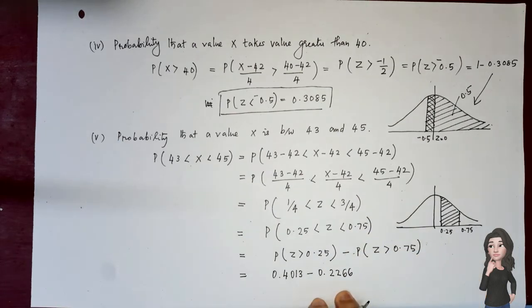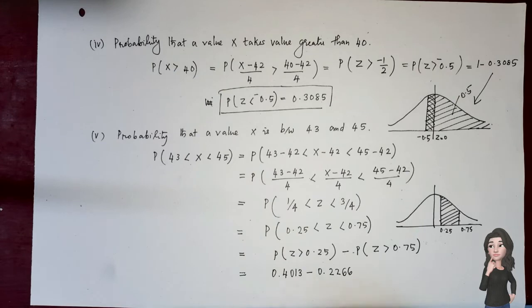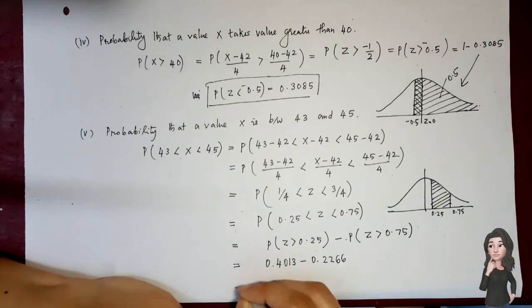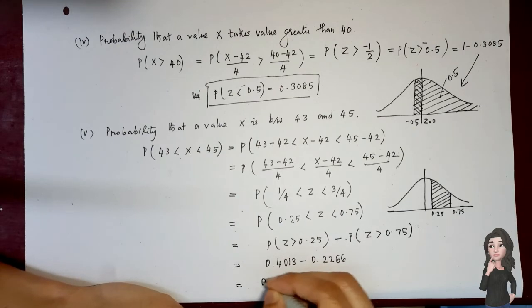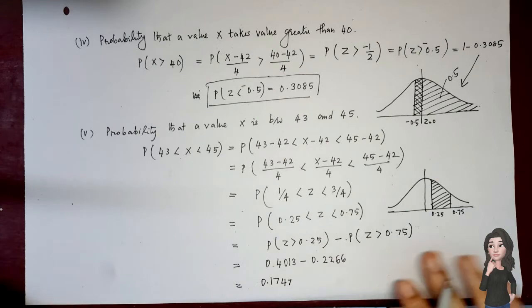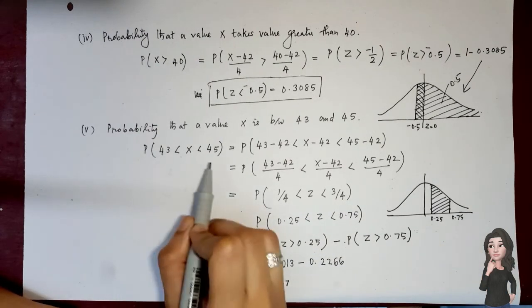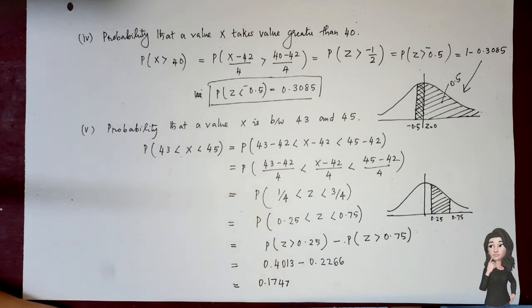So this is the required answer for the probability between 43 and 45, which is equal to 0.1747. So this is the required probability for x lying between 43 and 45.